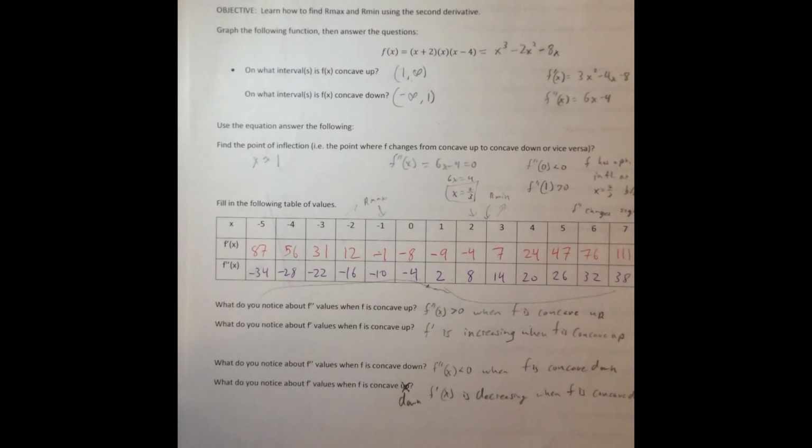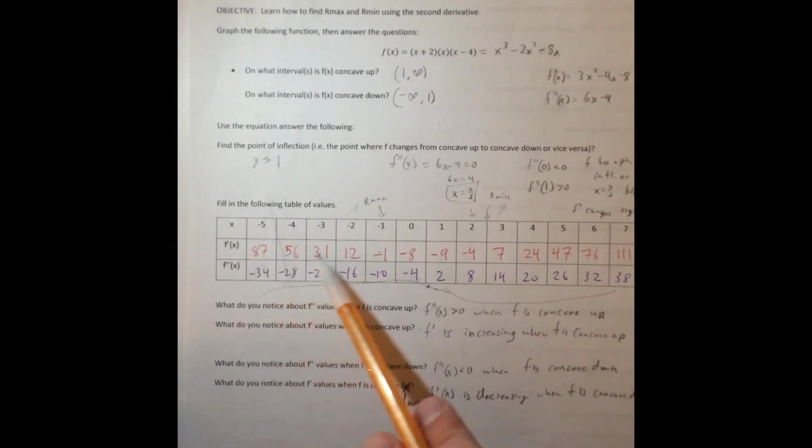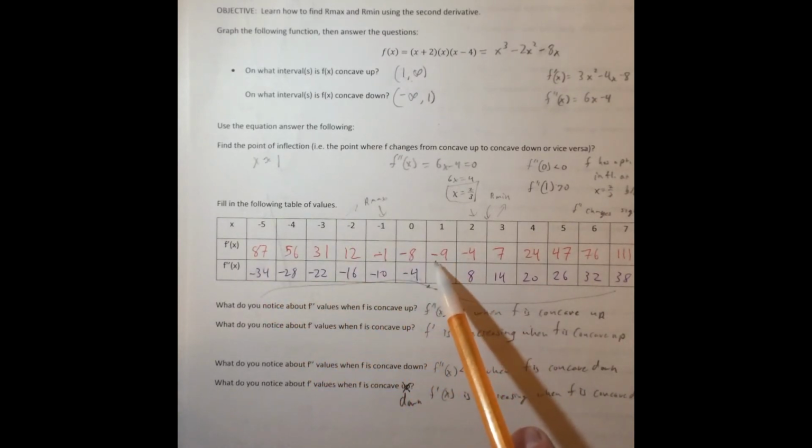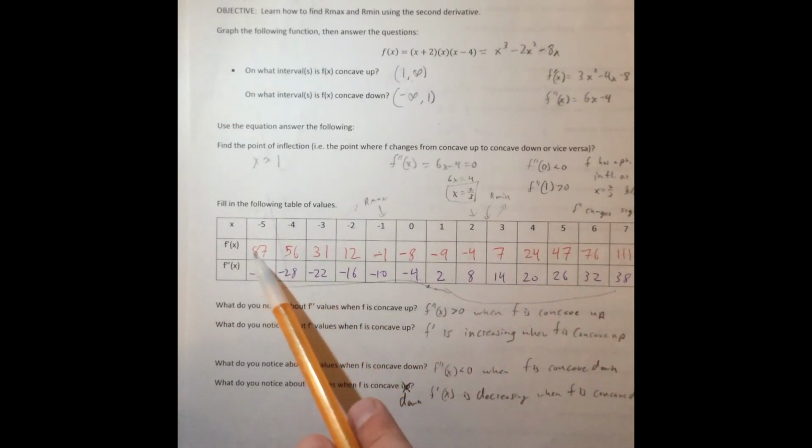Once again, to sum up, if you've got a table and you need to figure out when something's concave down, it's concave down when f double prime of x is less than 0. It's concave up when f double prime of x is greater than 0. So those happen when f prime of x is decreasing, and then switches to increasing. Decreasing is concave down, increasing is concave up.